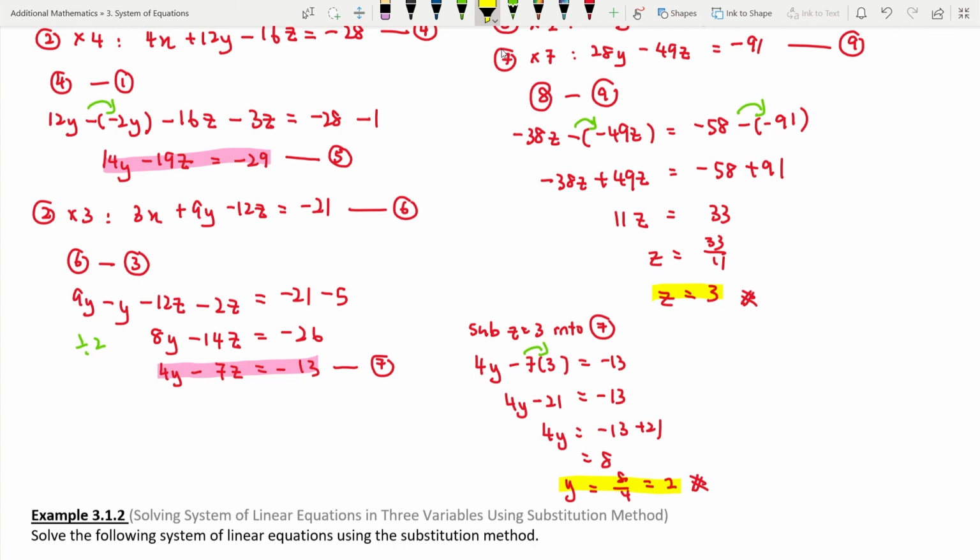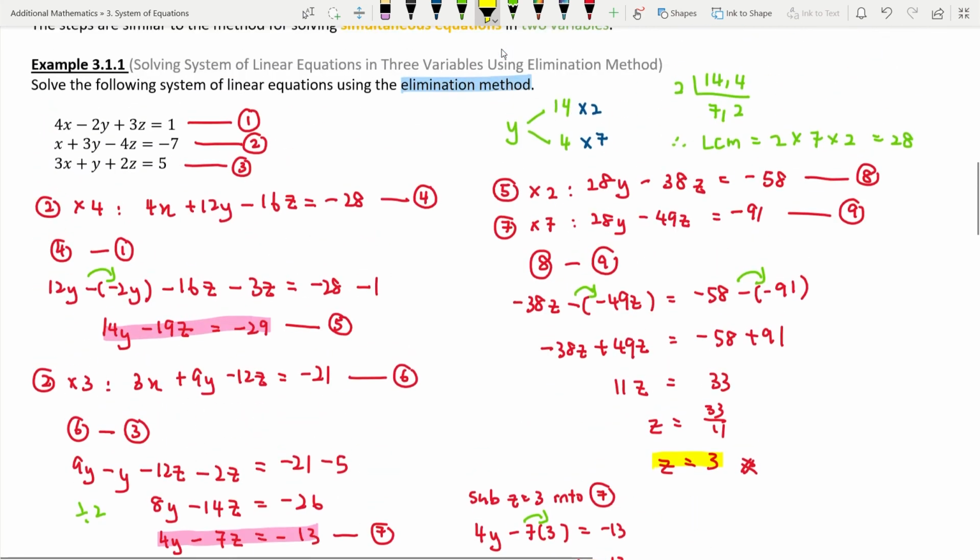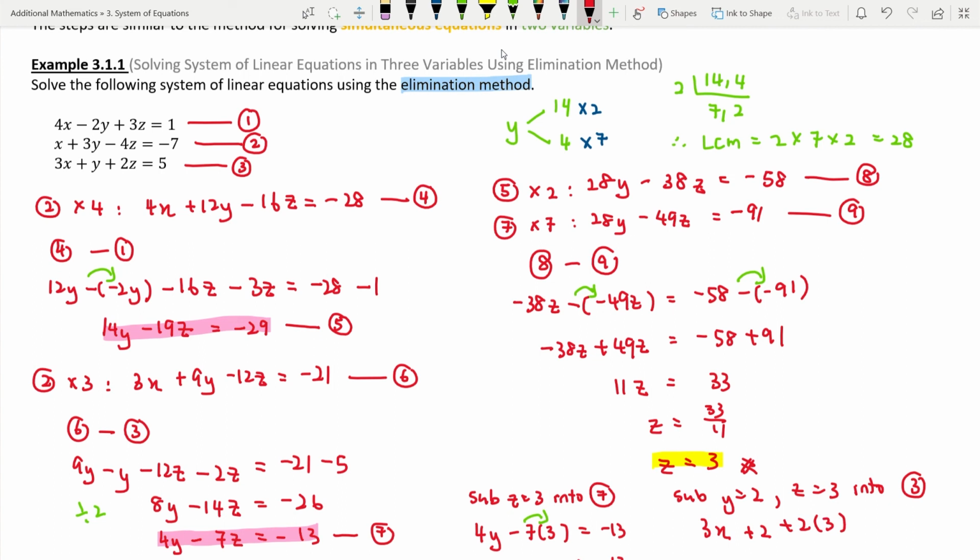To find our x, we substitute y equals 2 and z equals 3 into either equation 1, 2, or 3. So we substitute y equals 2, z equals 3 into equation 3. 3x plus 2 plus 2 times 3 is equal to 5.